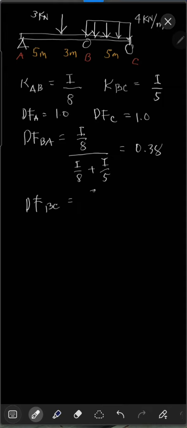That is I over 5 divided by I over 8 plus I over 5. So pila pud ni? Using your calculators, that is 0.62. So distribution factor at each support is equal to 1.